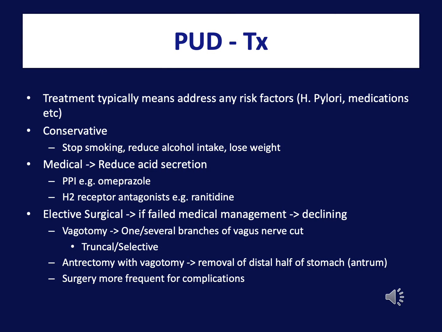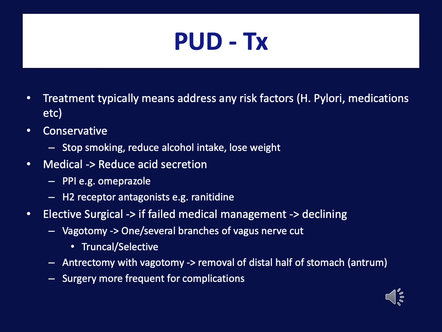Treatment for peptic ulcer disease is specifically targeted to treating the underlying cause. In general, you would start with conservative management. This would be to stop smoking, reduce alcohol intake, and lose weight. Medical management would be to reduce acid secretion. This can either be done with proton pump inhibitors or histamine 2 receptor antagonists.